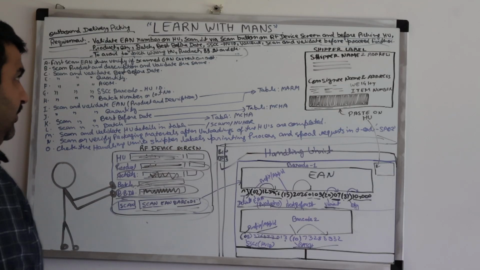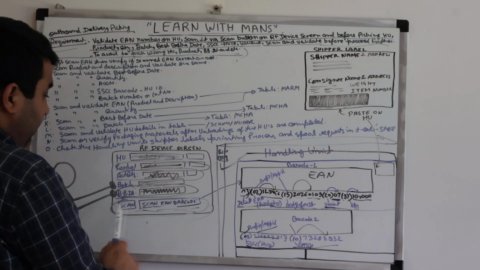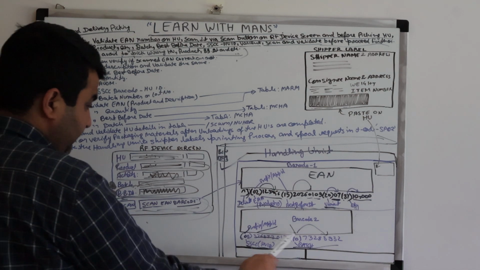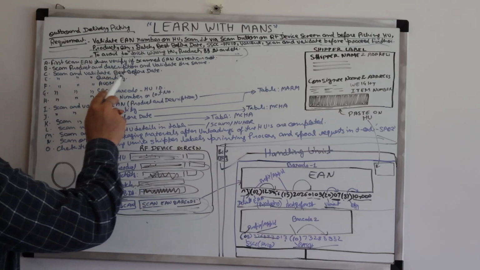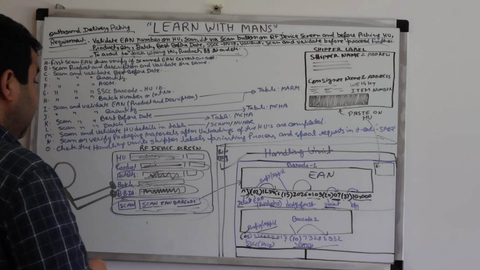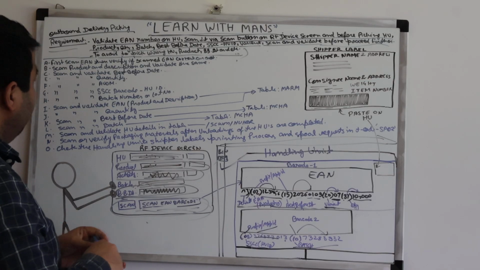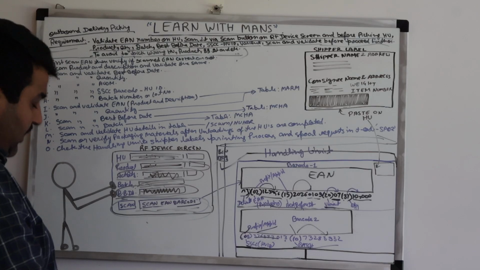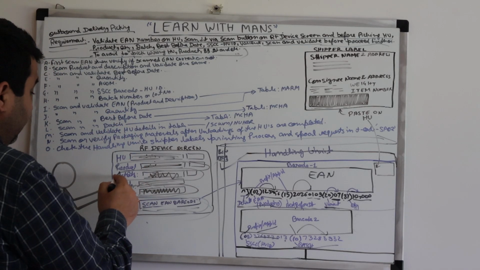Then the warehouse worker scans and validates the best before date, because we also have best before date here. When he verifies and it is right, then he scans the quantity of the product, how much actual quantity we require to be picked.